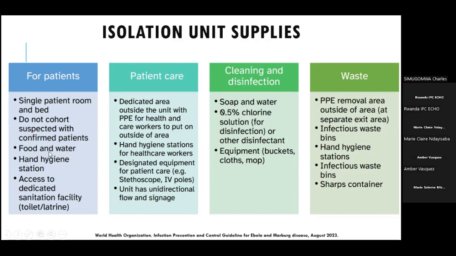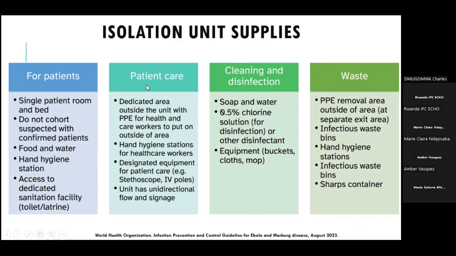We must have food and water access for those patients, either by hospital supply or other means that can be defined by the facility. We must have a hand hygiene station. We must have access to a dedicated sanitation facility, latrine or toilet. Here it is advised to have a self-contained bed or room, sorry.